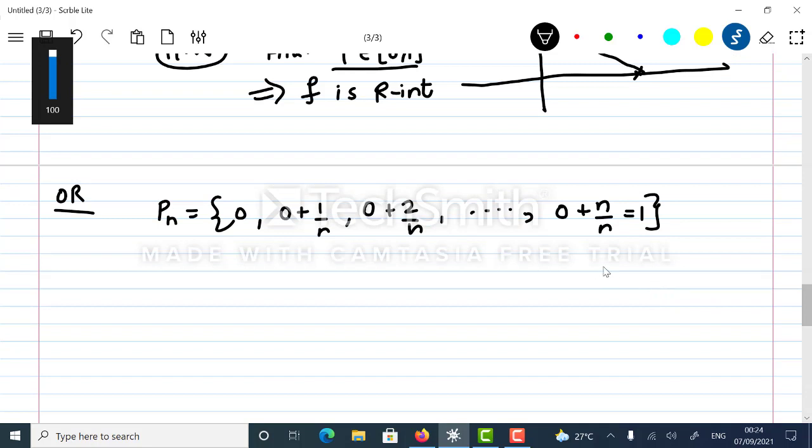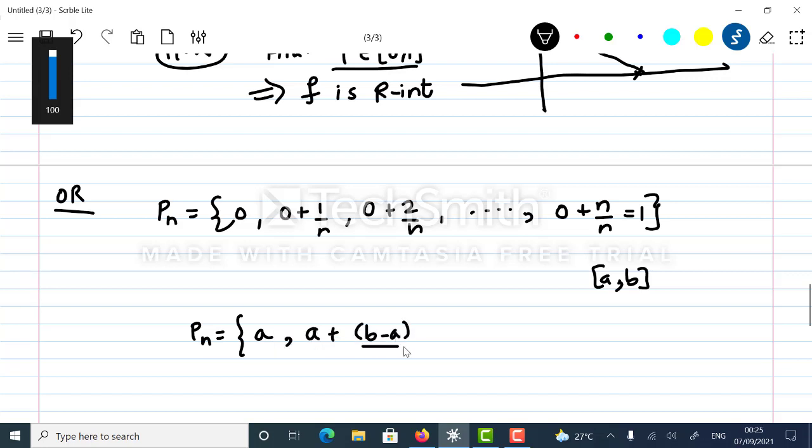For example, if my interval is a comma b, then many times students ask what Pn I should take. For those students, Pn you are supposed to take a, a plus b minus a upon n, a plus 2 times b minus a upon n, dot dot dot, a plus n times b minus a upon n.